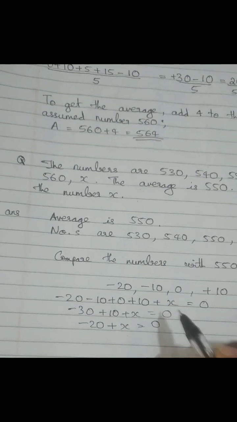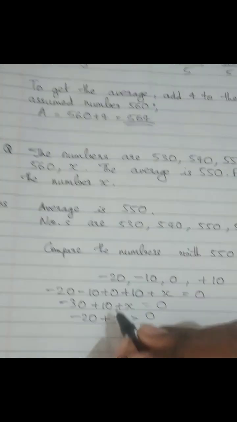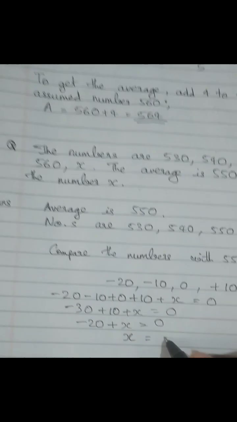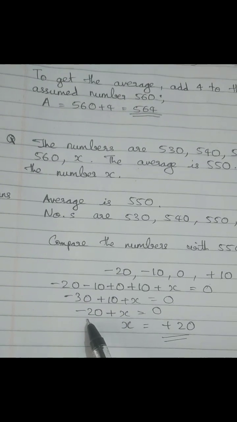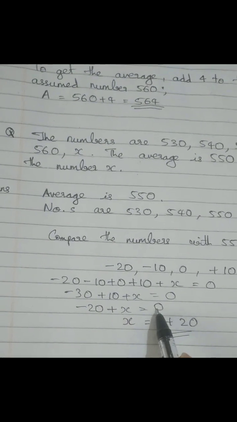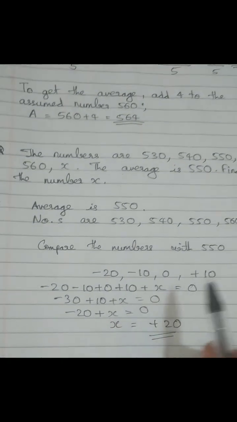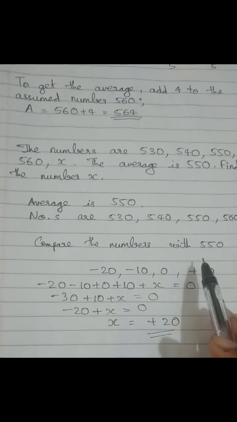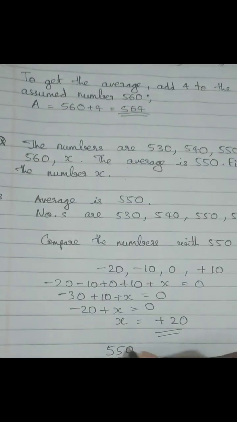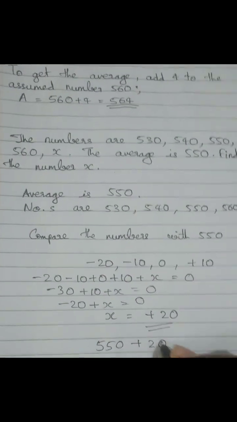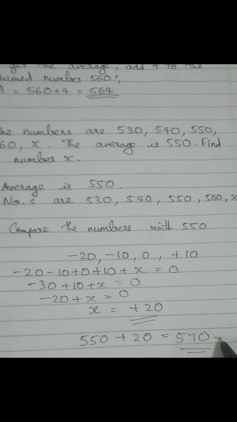So to get 0, x has to be plus 20, because we want to add plus 20 to minus 20. So x is 20 more than the assumed number. The average is 550, and we just add 20 to it. So we get 570, and 570 is x.